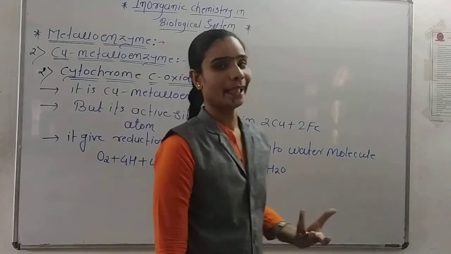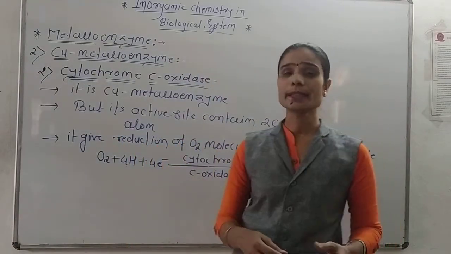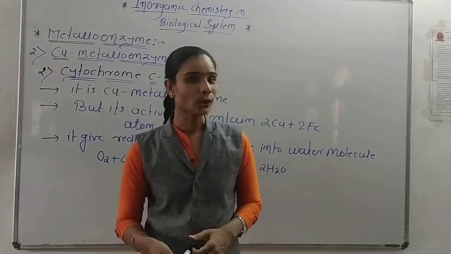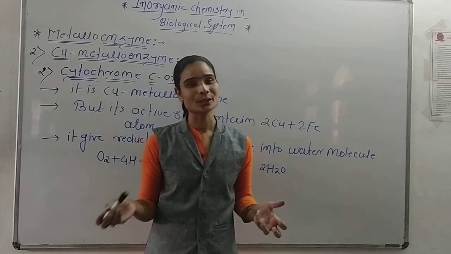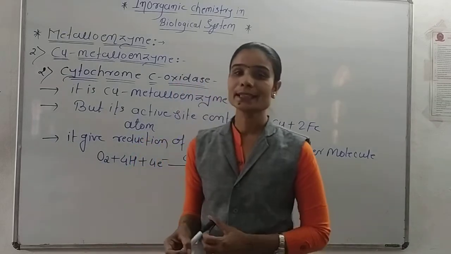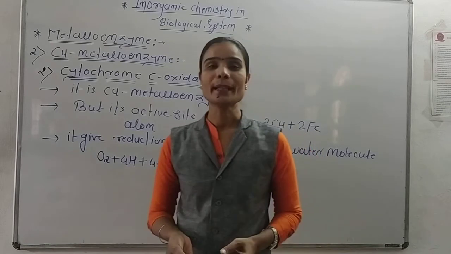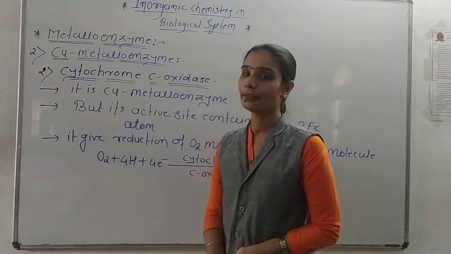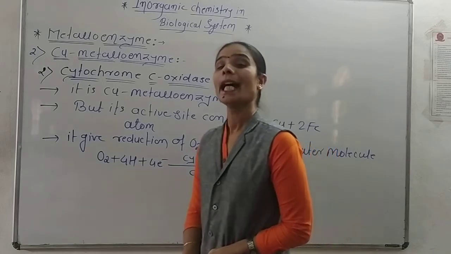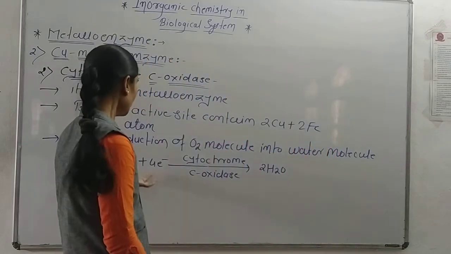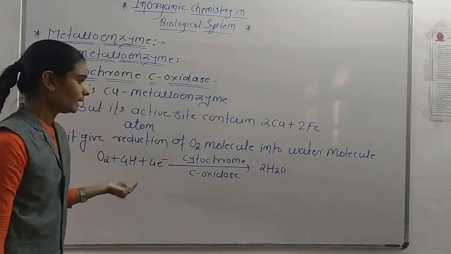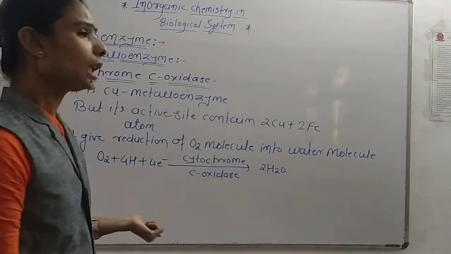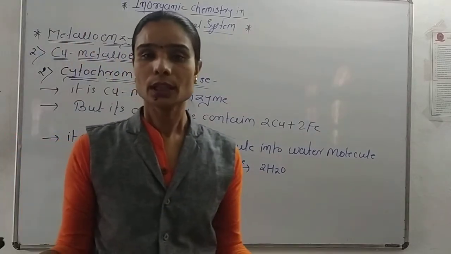Now we already said that in this cytochrome C oxidase, two metal types are present. Actually, it is a copper metalloenzyme, or we can also say it is an iron metalloenzyme, but it is generally called a copper metalloenzyme, in which two copper atoms as well as two Fe atoms are present at the active site. Its main function is the reduction of oxygen molecule into water molecule. Now, which metal gives this reduction?